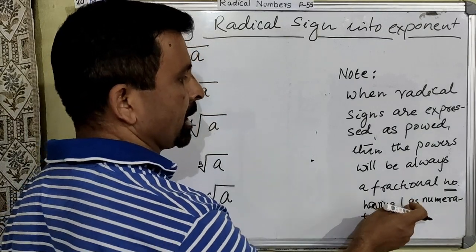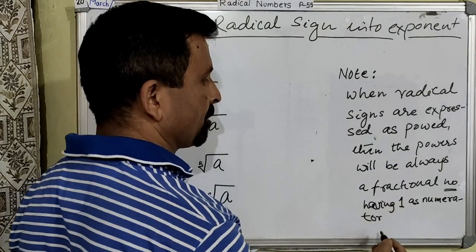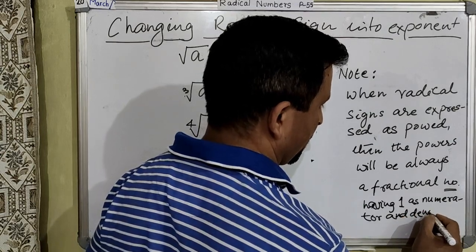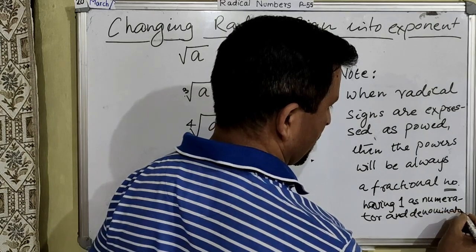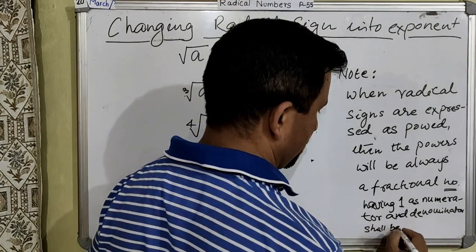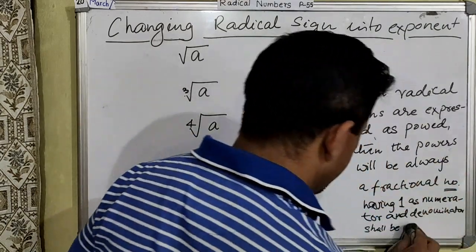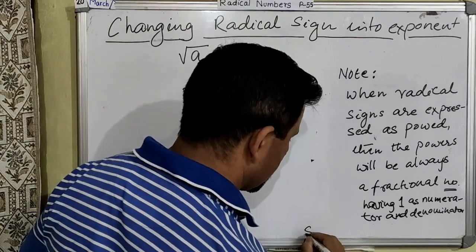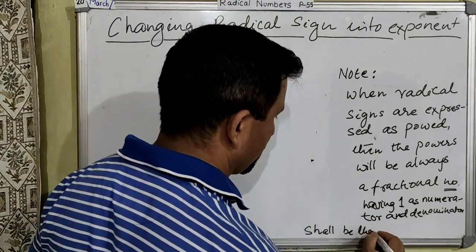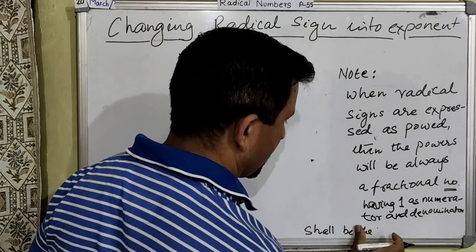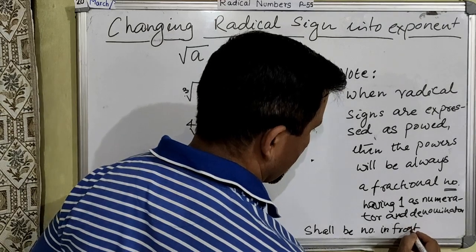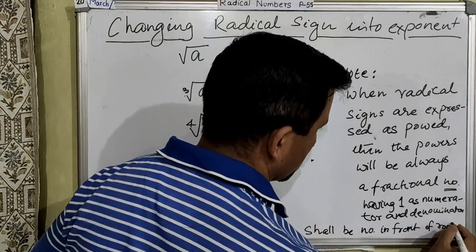We're having 1 as numerator and denominator shall be the number in front of the root sign.